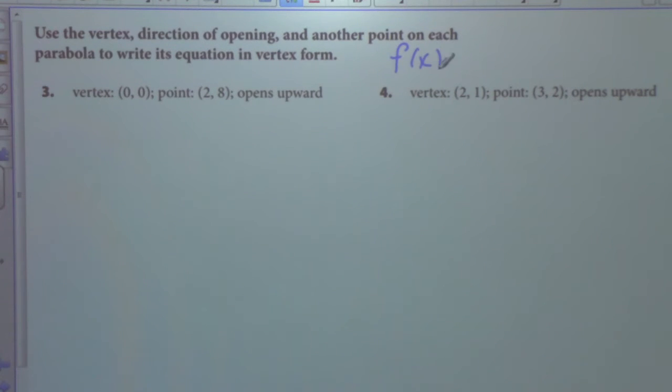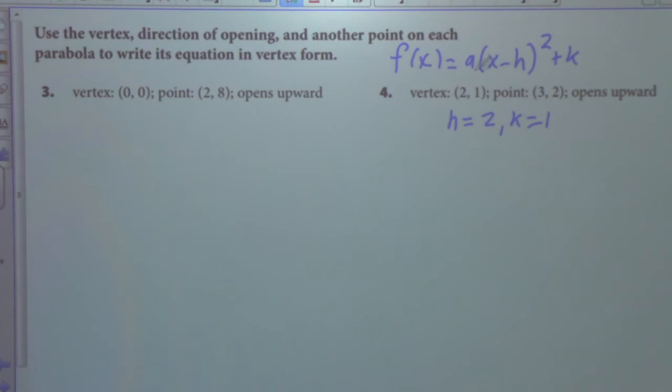We've got f of x equals a times quantity x minus h squared plus k. And the first thing I notice here is that we have the vertex 2, 1, so I know h is equal to 2 and k is equal to 1.